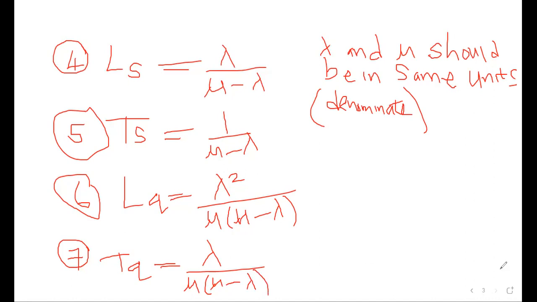All right, so this is what is involved in queuing theory.